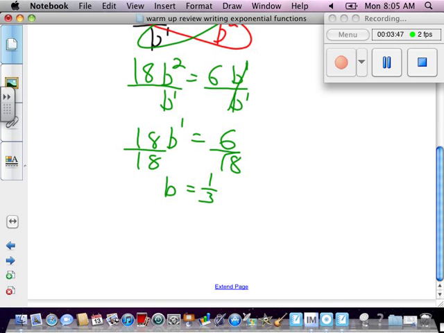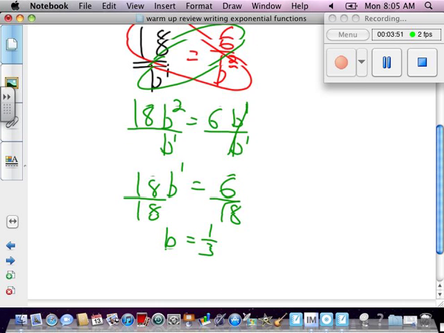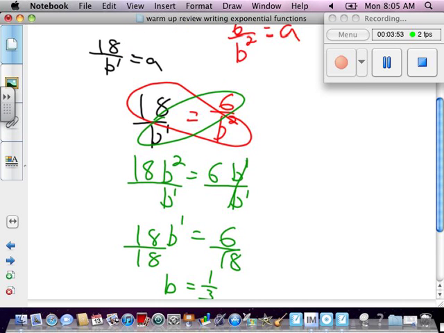Now I'm going to take b and plug it back into one of my original equations. Scroll up here. I'm going to say, for example, how about this one? 18 divided by 1/3 equals a. Now I know it looks funny, but if you just put this in parentheses correctly, you're going to come up with the right answer when we divide by a fraction. 18 divided by 1/3 gives us 54.